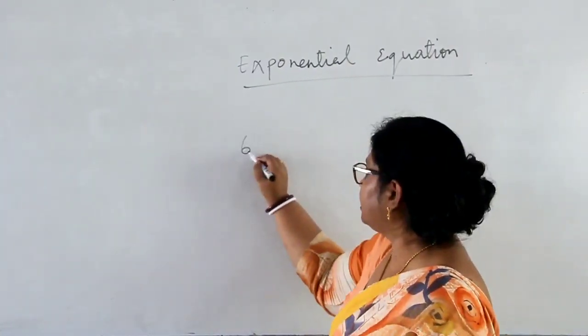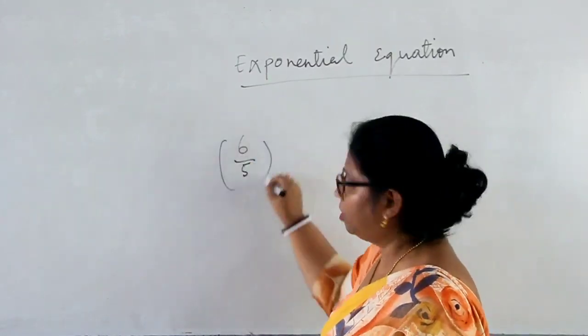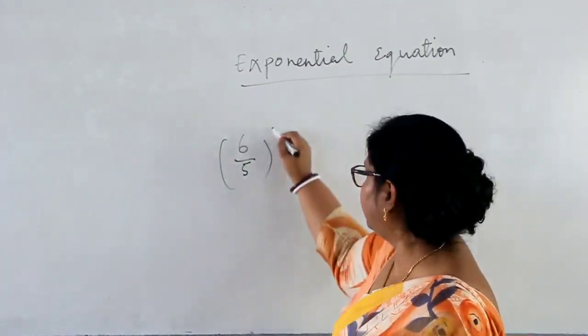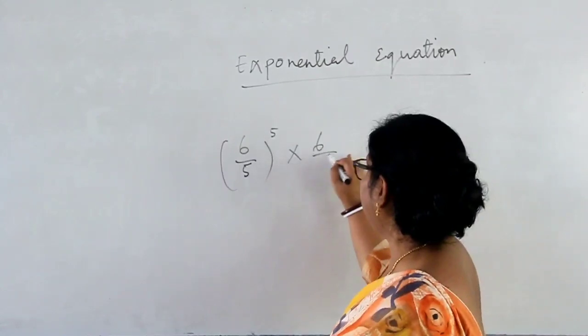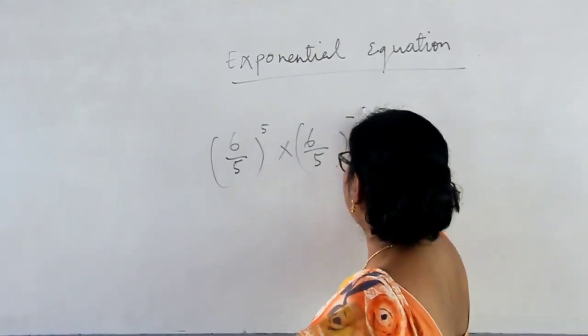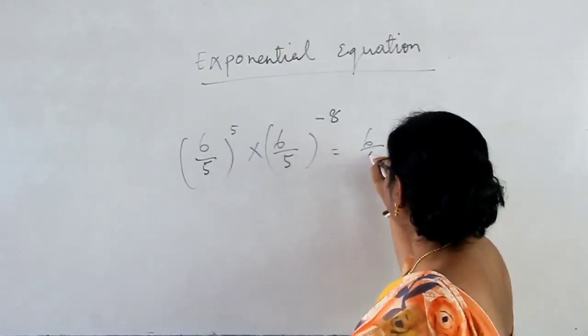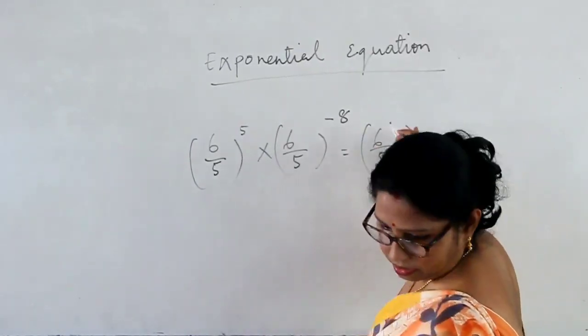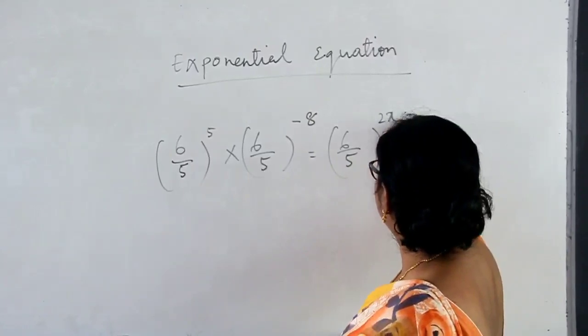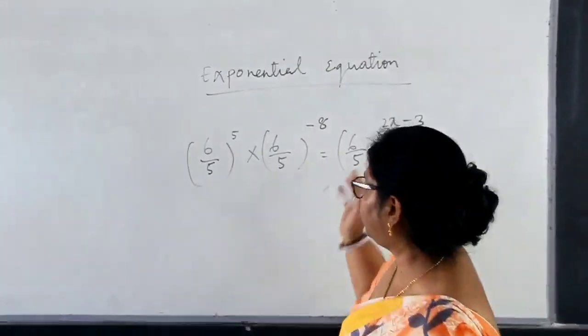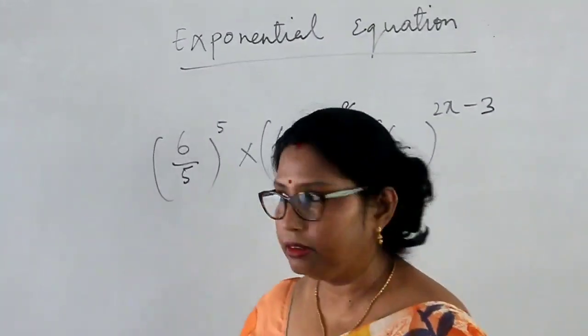So 6 by 5 whole to the power 5 into 6 by 5 whole to the power minus 8 equals to 6 by 5 whole to the power 2x minus 3. We have to find out the value of x here.